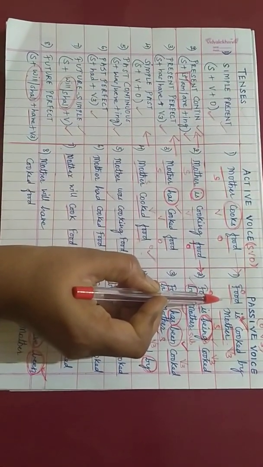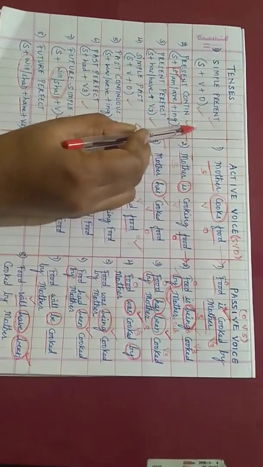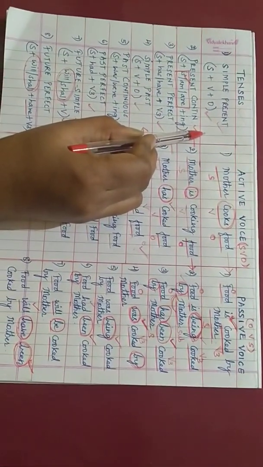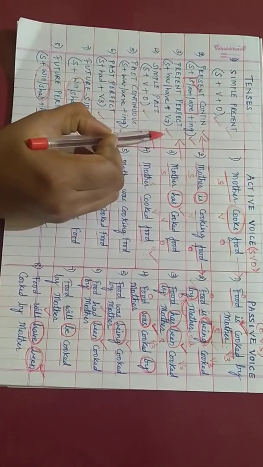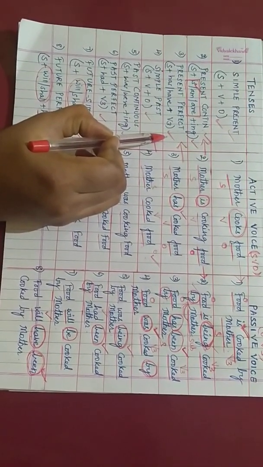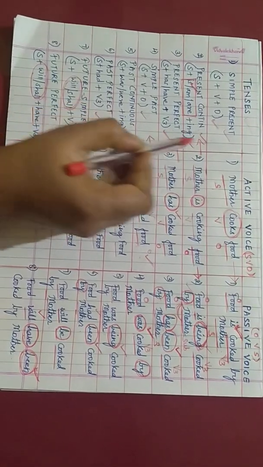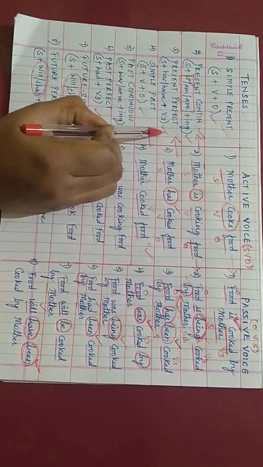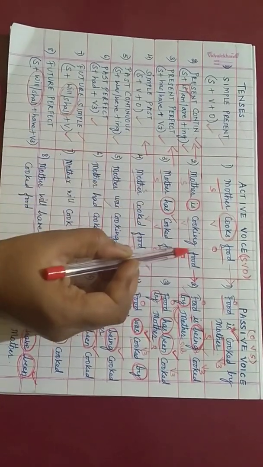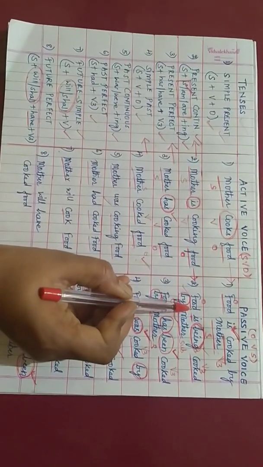Now here I will be explaining to you all about simple present, present continuous, and present perfect. In present tense, I will be explaining these 3 types which are used to convert from active to passive voice.